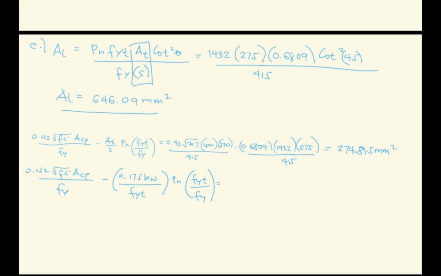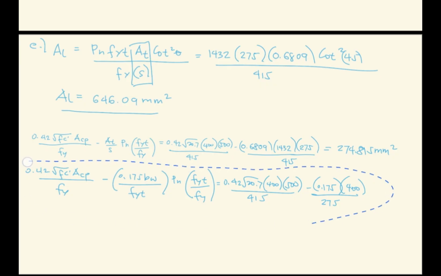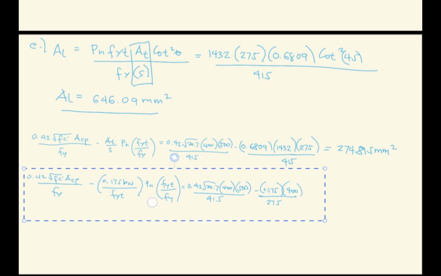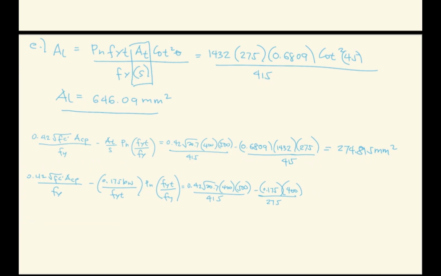Okay, substituting the values, we have 0.42 square root of 20.7, 400 by 500, divided by 415, minus 0.175 by 400 divided by 275, multiplied by 1432 multiplied by 275 divided by 415.